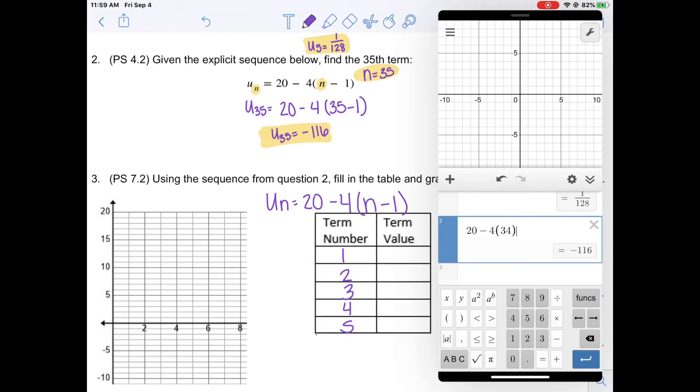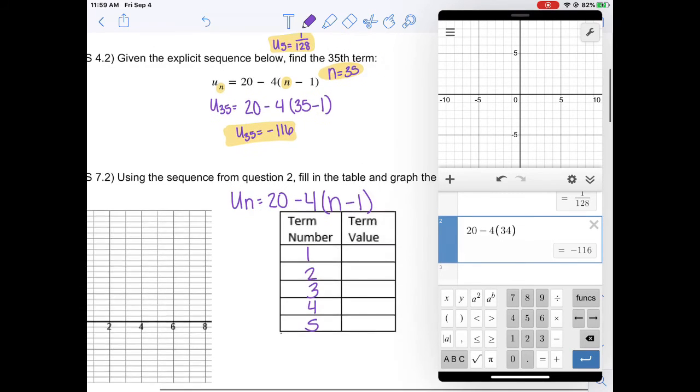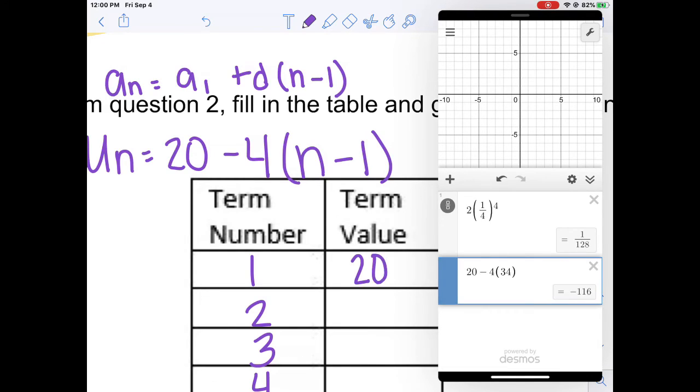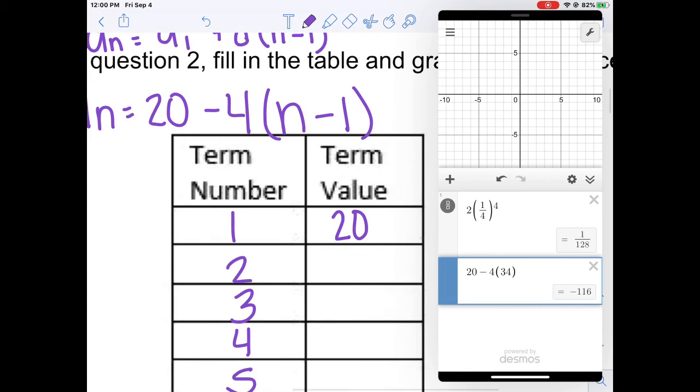You can either plug 1 in for n and then plug in 2 for n and 3 for n, 4 for n, 5 for n, or you can look at this equation and realize that, remember, this is arithmetic, so a sub n equals a sub 1 plus d times n minus 1, where a sub 1 is my first term, 20 is my first term, and my common difference is negative 4. Meaning that to get from one term to the next, I'm adding negative 4.